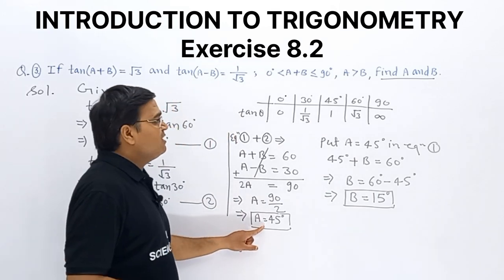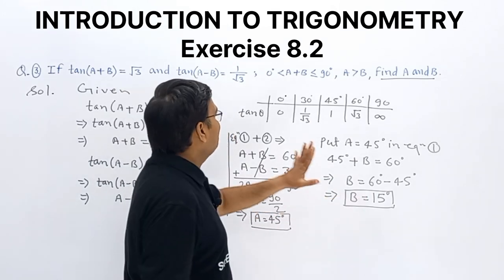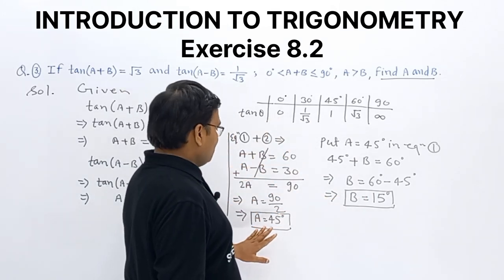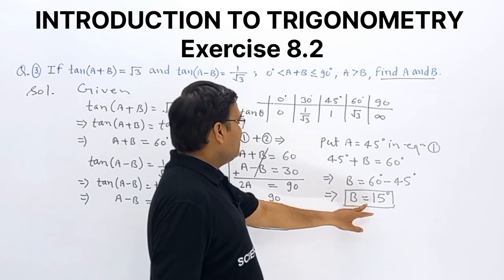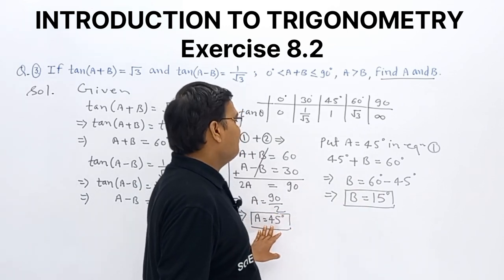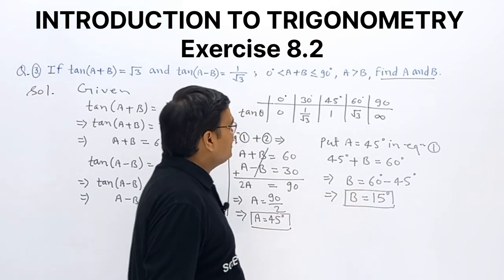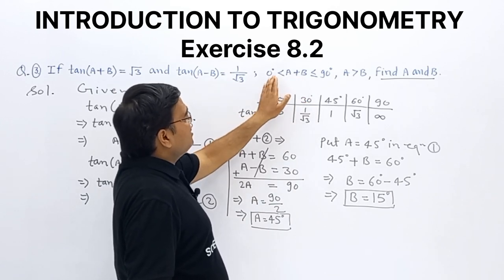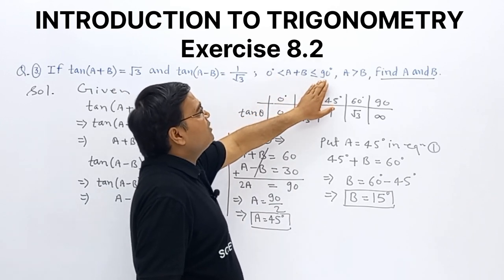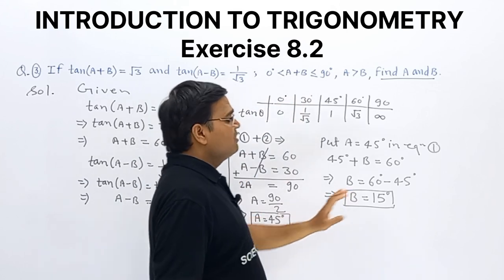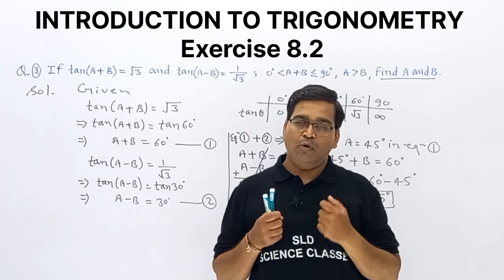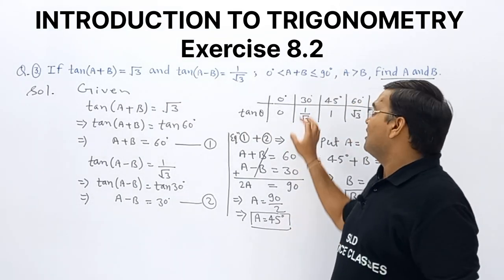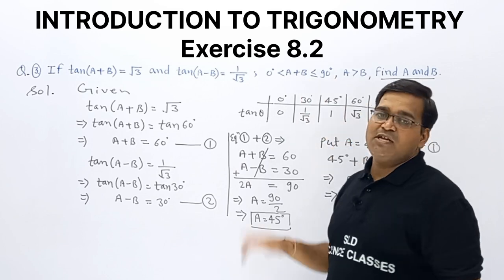A is 45 degree and B is 15 degree. And the sum A plus B will be 45 plus 15, which is 60, and it is greater than 0 degree and less than or equal to 90 degree. It means the values we obtained are satisfying this relation also.